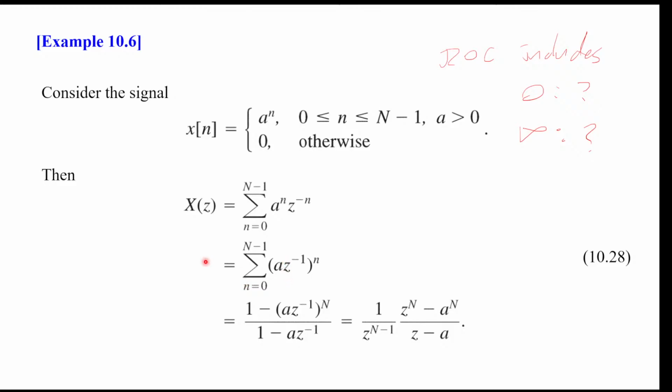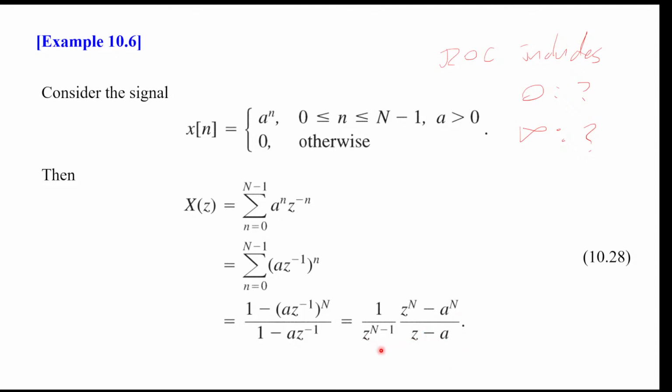Now we are making our life miserable by doing some simplification here. We look at this and see that it is a geometric series, because a to the n times z to the minus n is (a z to the minus 1) to the n. So we use the geometric series formula: (1 minus r to the N) over (1 minus r). Then we try to express this as a rational function of z.